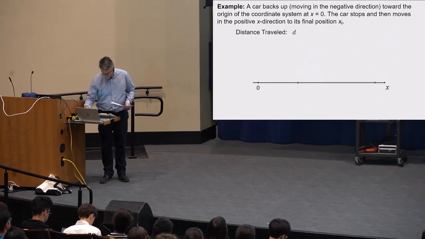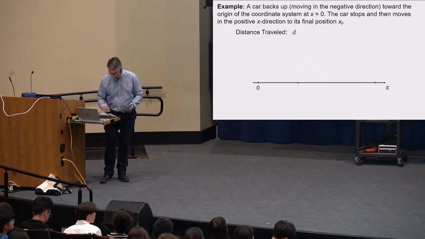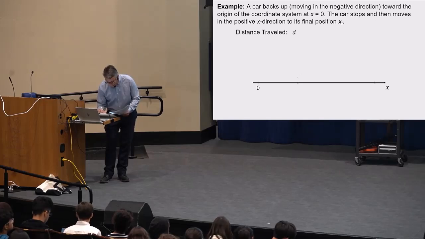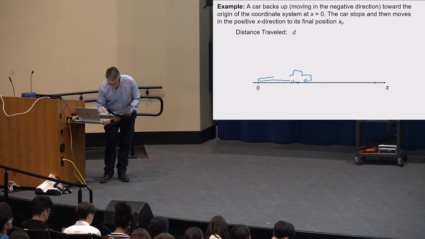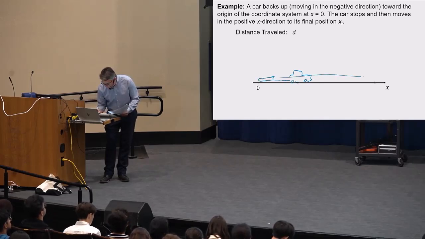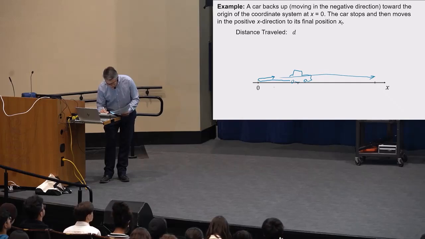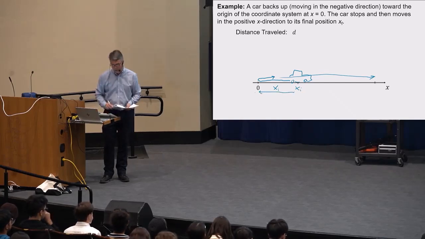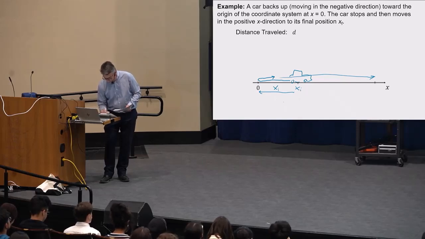And then there's the distance traveled. In that case, you have to actually consider what happened with the car, which is that it backed up. It went this way, and then it turned around and came back all of this way. So if this is x initial, it went that whole x initial back to 0, and then it went this whole x final distance there.